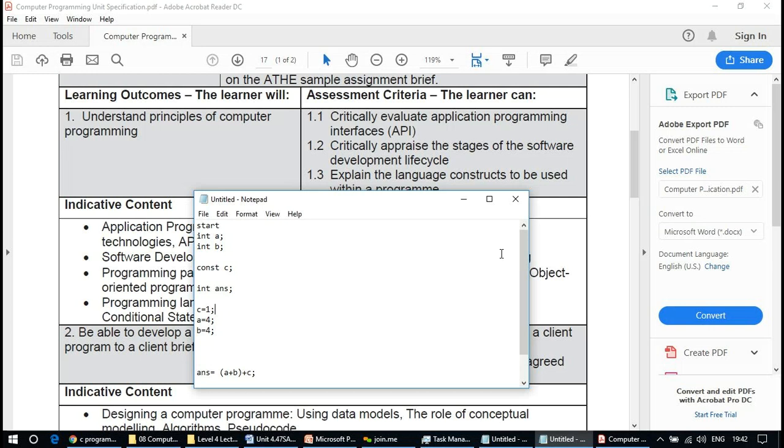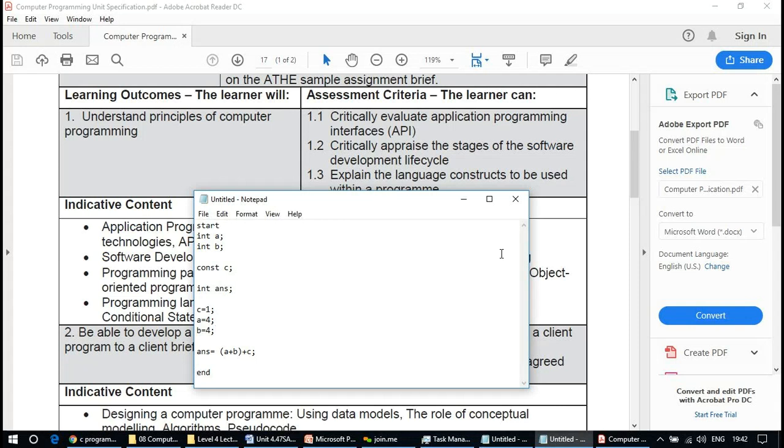So basically, whatever the value of A and B is, you're taking that and then adding the value of C. Now, are you clear about all the bits?